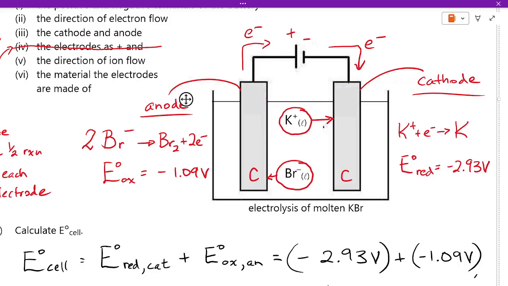Yes. How did I know that the electrodes are made of carbon? That's a good question.